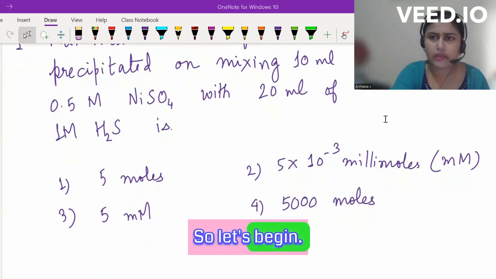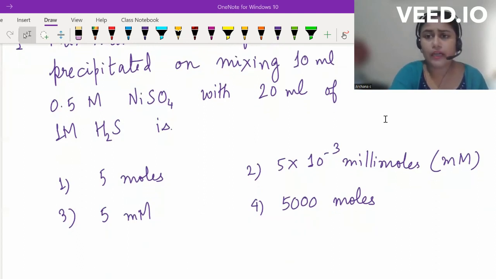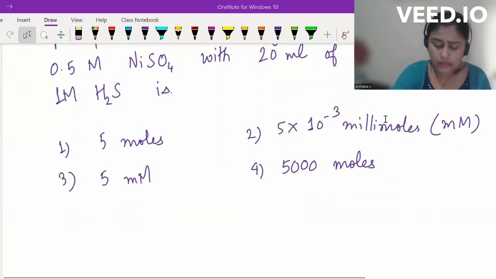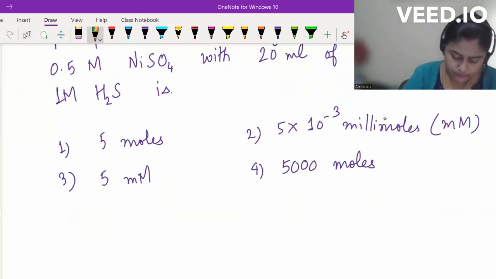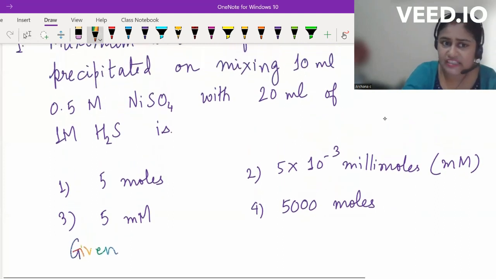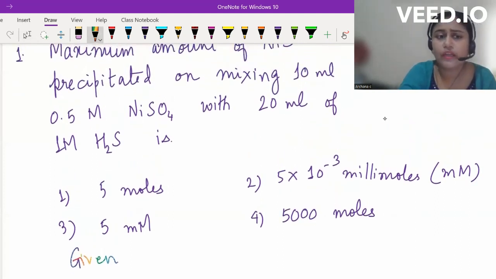So let's begin. First, we will try to understand the various parameters given in this problem. We have been given the molarity and volume of nickel sulfate, and we have also been given the molarity and volume of H2S.